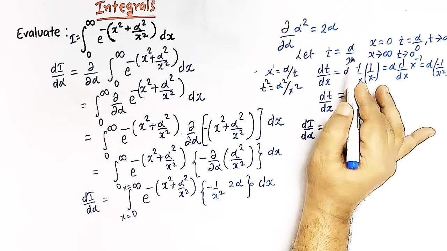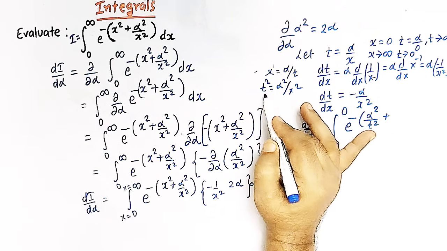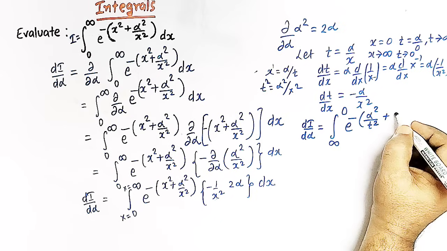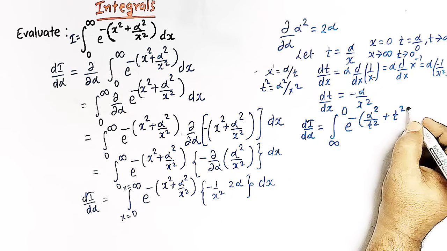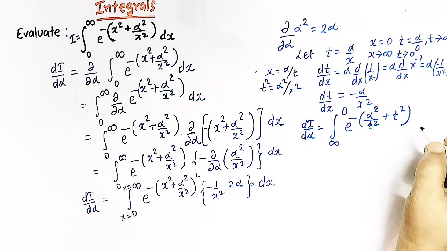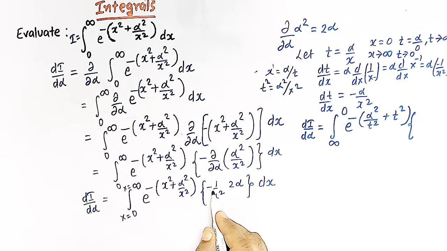Squaring both sides, alpha square over x square is equal to t square. So here we have t square, and then we have minus 1 over x square times 2 alpha. So we can write it as minus 2 alpha over x square dx, right?